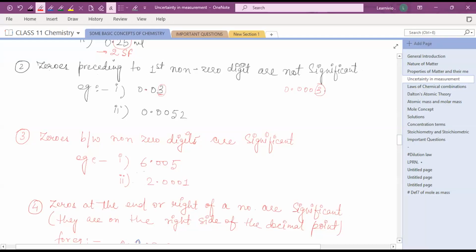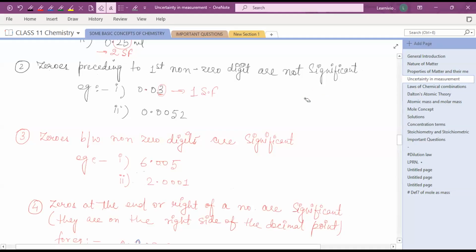These are zeros, and this is the first non-zero digit. Before this first non-zero digit, these zeros are not considered significant figures. So there is only one significant figure. इन जीरो को हम count नहीं करेंगे before this first non-zero digit.